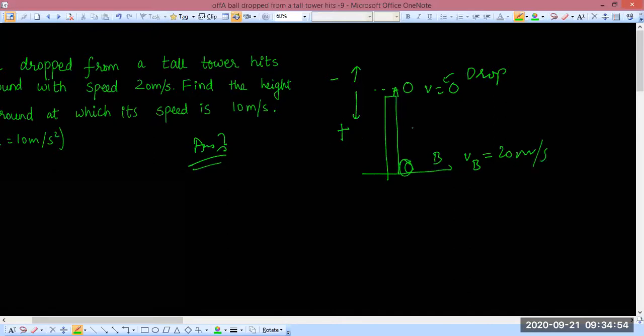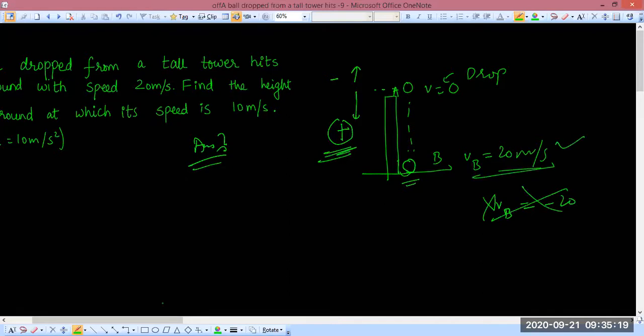Why plus 20? Because the ball would have been moving down. This is wrong, this is correct, because we are taking downwards as positive. Just before it touches the ground, it is moving downwards, so the velocity is positive.